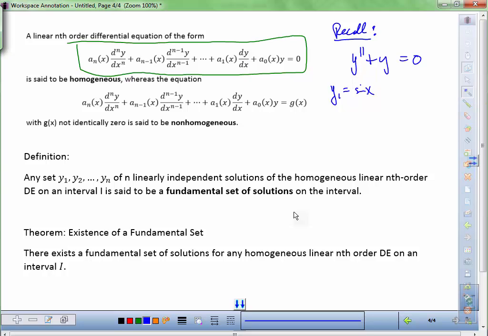And then we found another solution, which is cosine x. I don't know if e to the x would work. No, e to the x wouldn't work. So these are two solutions that we have, and we just showed that they were linearly independent, right? So according to this, we have a fundamental set of solutions. These are called fundamental solutions.